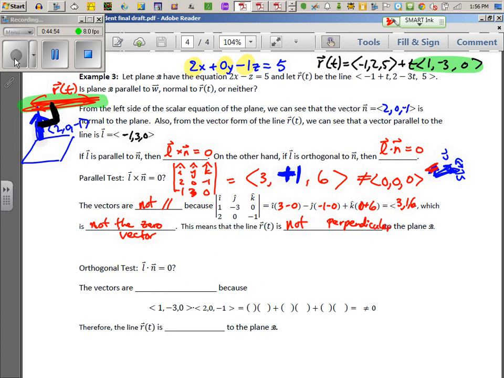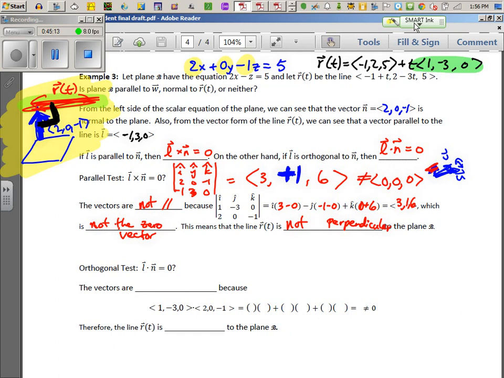You may say, what? You just showed that they're not parallel. When I was talking about not parallel, I'm talking about the blue vector. So go back to this yellow picture up here. In this picture, we've just proven that the blue vector and red vector are not parallel.